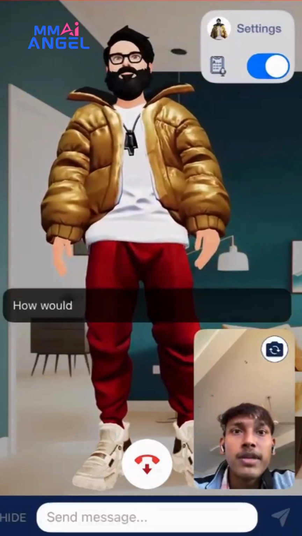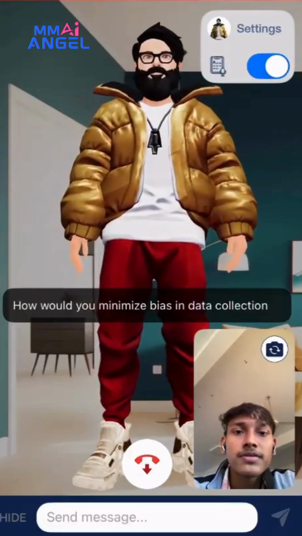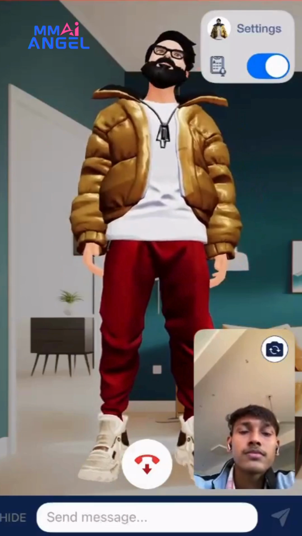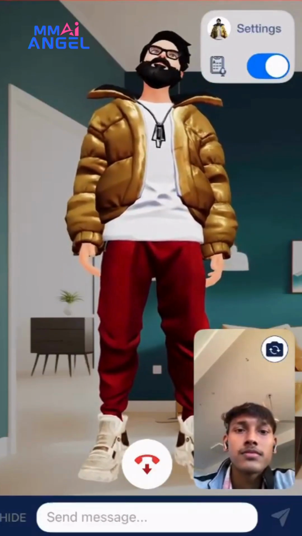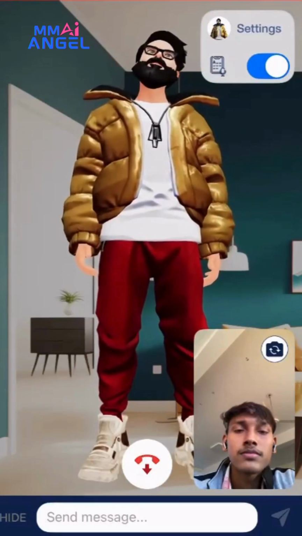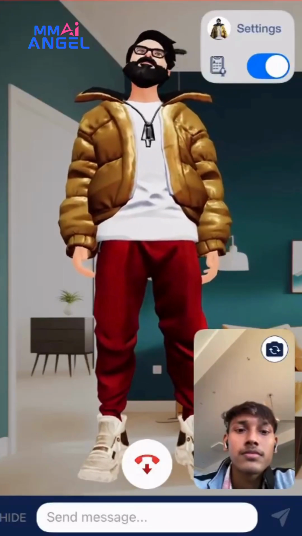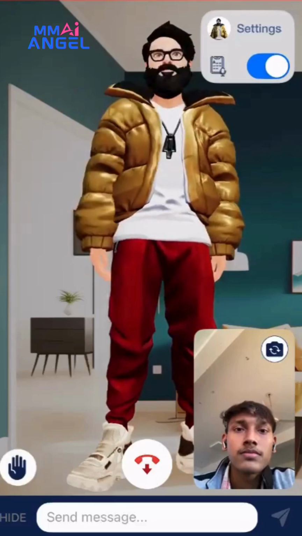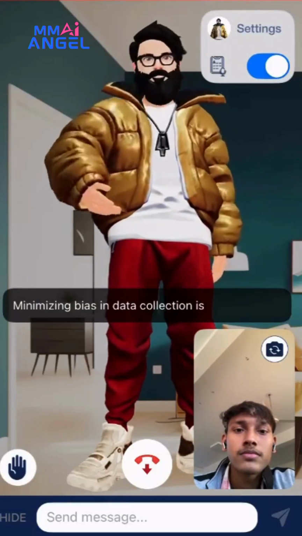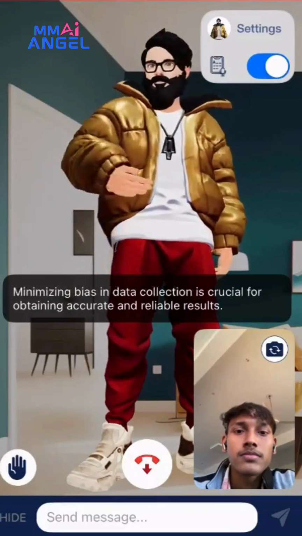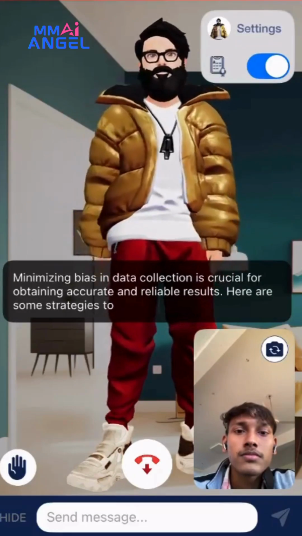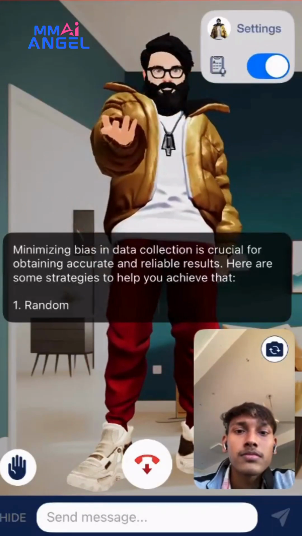How would you minimize bias in data collection? Minimizing bias in data collection is crucial for obtaining accurate and reliable results. Here are some strategies to help you achieve that. 1. Random sampling.